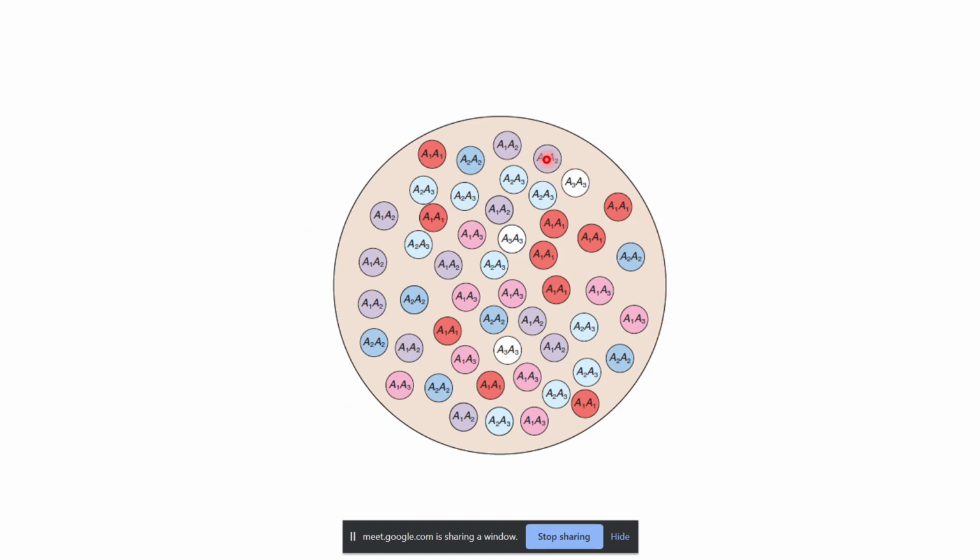And this is called a gene pool. So the gene pool is the total genetic material of the individuals that make up that population.